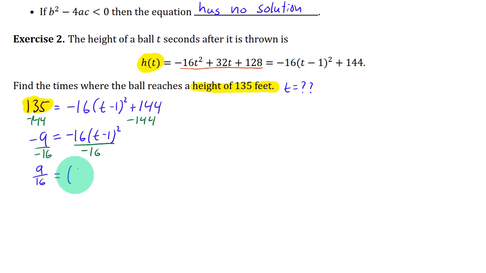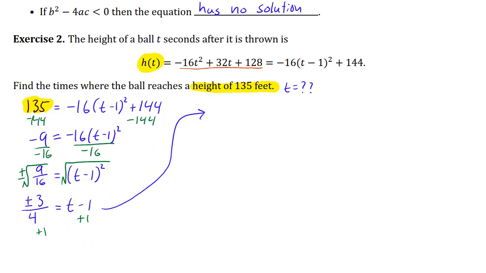And then we're going to have t minus 1 squared. Take the square root of both sides. You can do the square root of 9 and the square root of 16 separately. That will give you plus or minus 3 in the top, and then the square root of 16 is 4. So then we're going to add 1 to both sides.